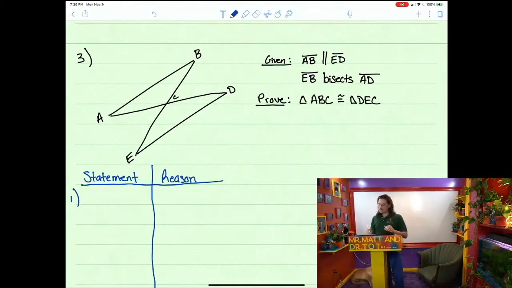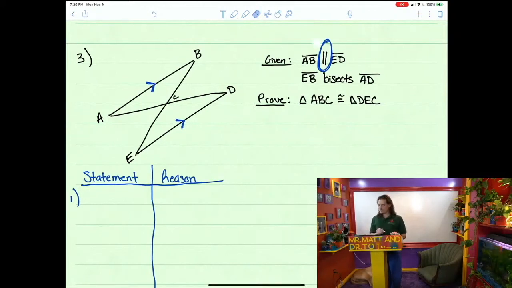Okay, so the given information, notice that this symbol right here means parallel. AB is parallel to ED. These little arrow marks or these two vertical lines next to each other both indicate that a pair of lines are parallel to each other.